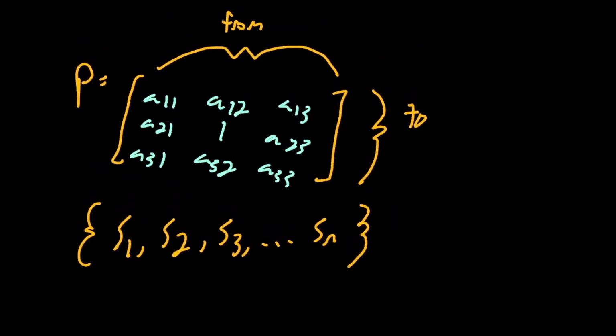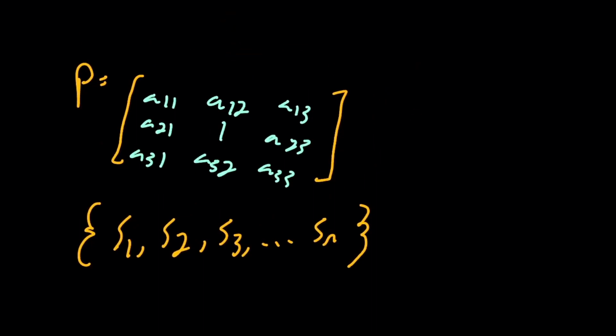Pertaining to our matrix, each column and row is its own state.